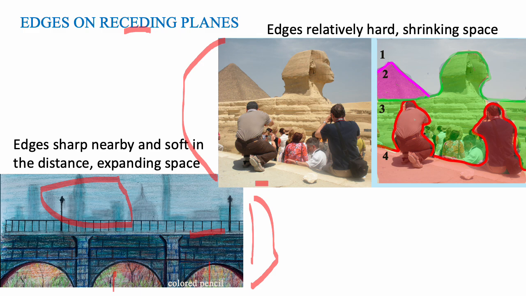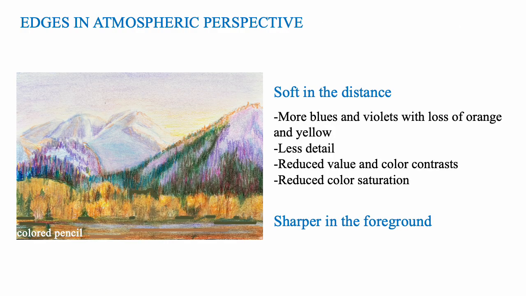And you can see that this platform, the Sphinx, and the pyramid, which are really quite far apart, look like they're on top of each other because their edges are all fairly sharp. So if we wanted to make this pyramid look like it is further away, one thing we have to do is soften the edges. With atmospheric perspective, the edges should be relatively sharp in the foreground. This is less sharp, and then this is very soft.